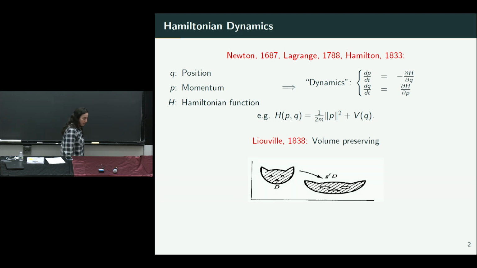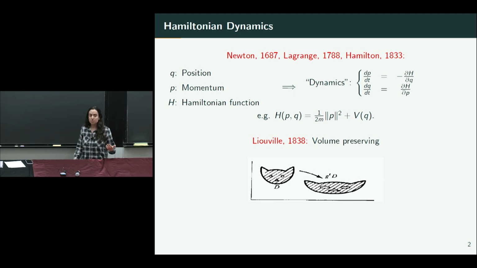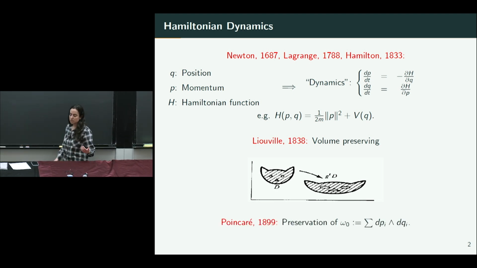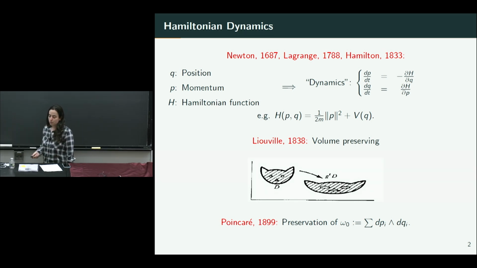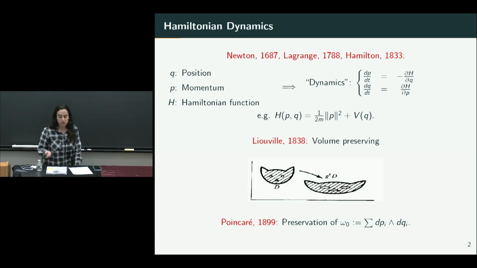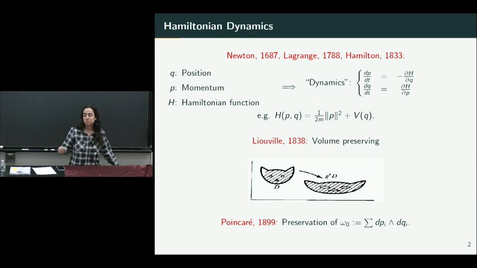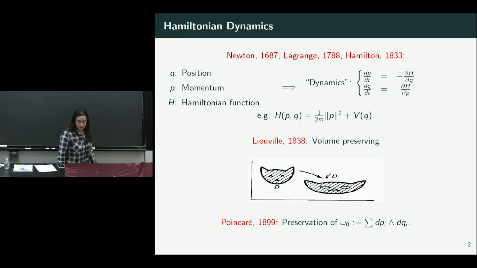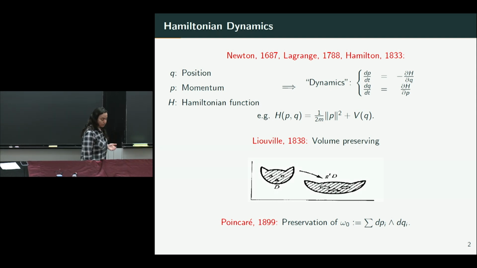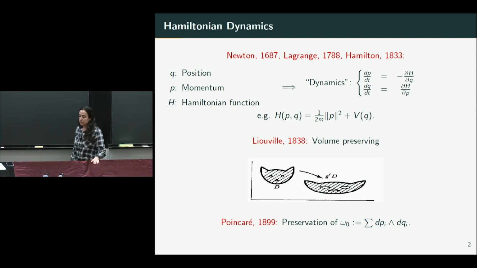And it turns out that a much finer quantity is being preserved, and that is the standard symplectic two-form, a non-degenerate closed two-form. Any Hamiltonian flow would preserve this quantity.